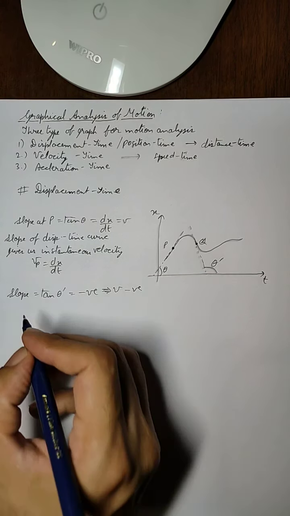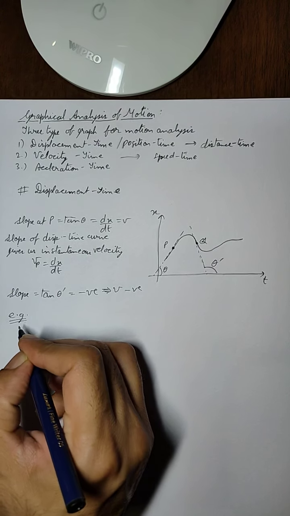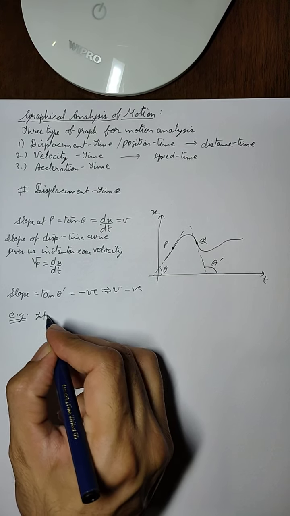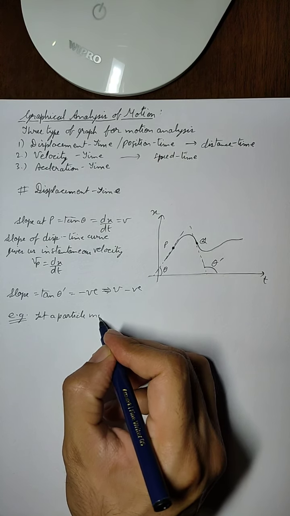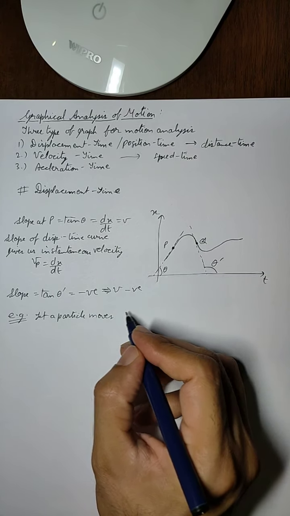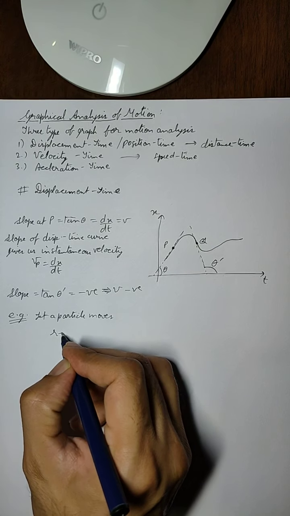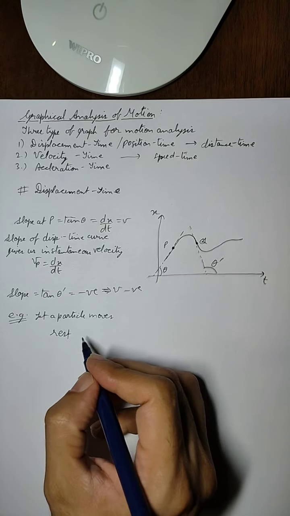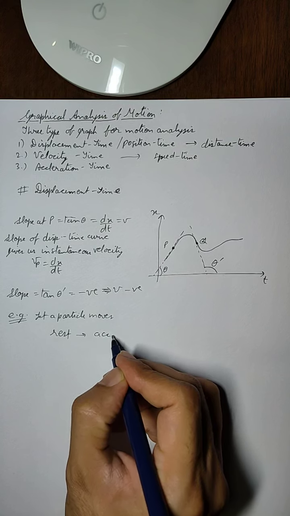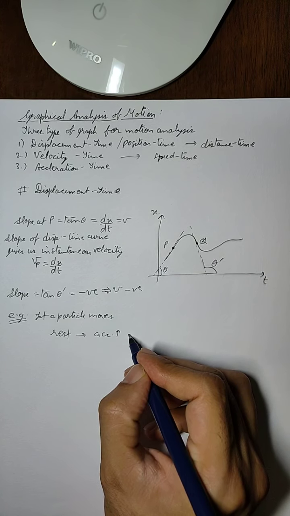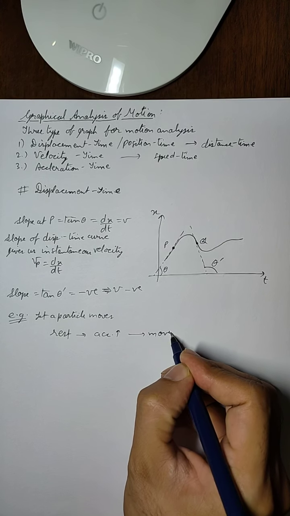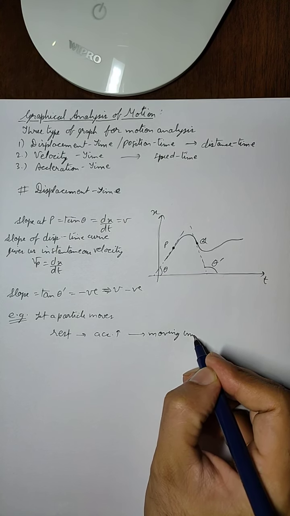So let us take an example. Let us say that there is a particle which is starting from rest, and then it is accelerating. Acceleration is increasing. Then for some time it is moving uniformly.